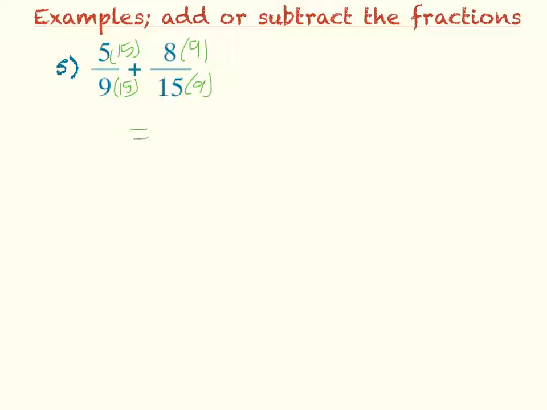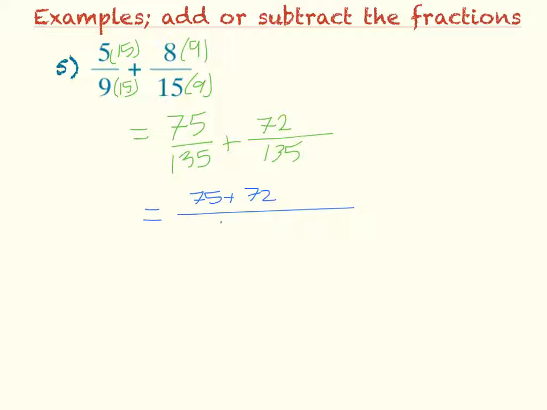So what I have is 5 times 15, which is 75, over 9 times 15, which is 135, plus 8 times 9, 72 over 135. So if I put that together, I have 75 plus 72 over 135.